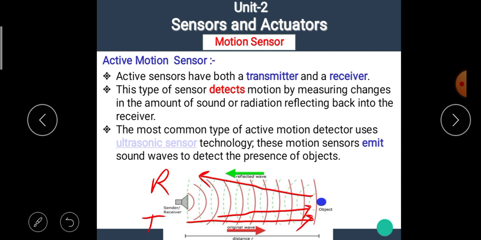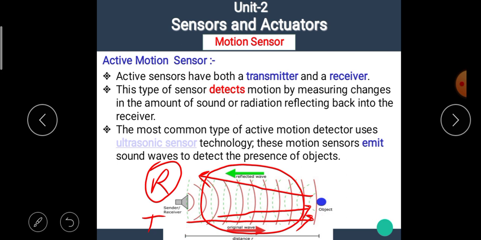These reflected waves are received by the receiver of the ultrasonic sensor, and depending upon the time duration between transmitting and receiving, we can calculate the distance between the object and the sensor also.